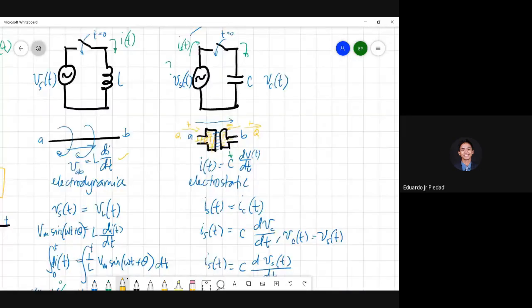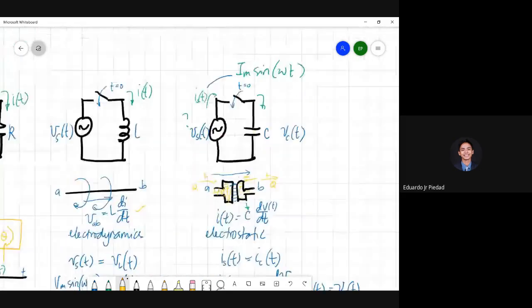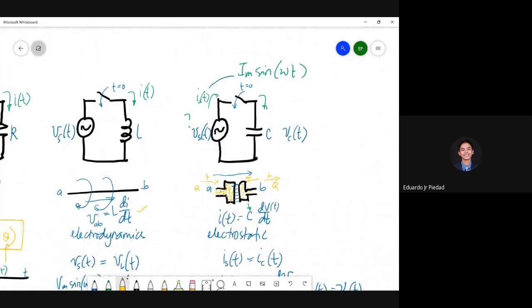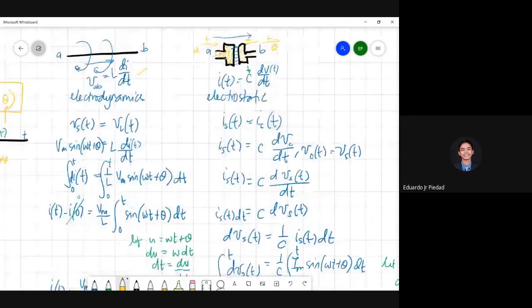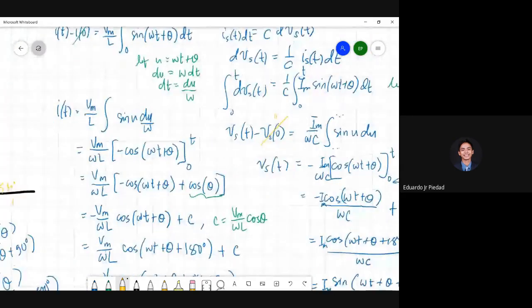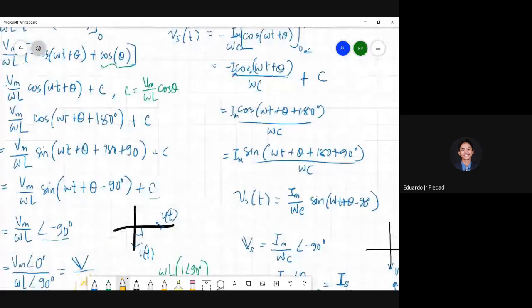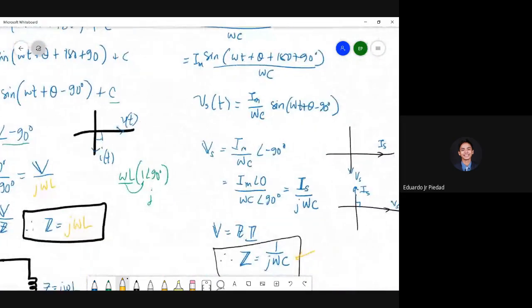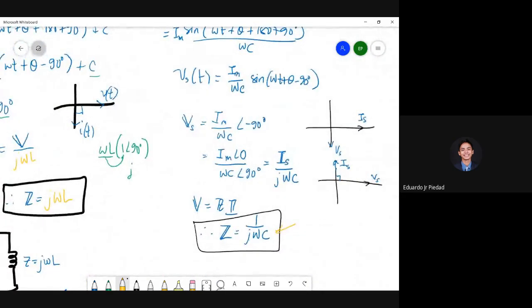Okay, so now if you want to use cosine instead of sine in your initial values here, for example, you want to solve for cosine, you will still end up with the same process and the same thought. The same idea applies, that the phase difference is 90 degrees. Okay, so you might wonder, why is it sine?